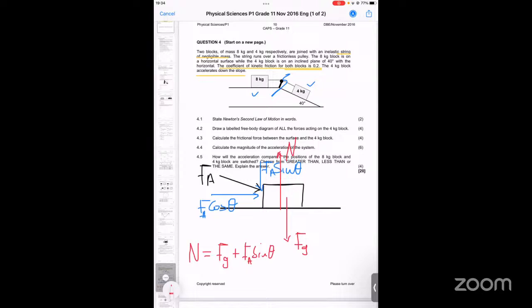Can you see in this case it's no longer FG minus that, but it's FG plus that. It's because we are having a pushing force. And when we're having a pushing force at an angle, it has a component which is contributing in the downward direction. Make sense? Yes, sir. Okay, then it's fine.